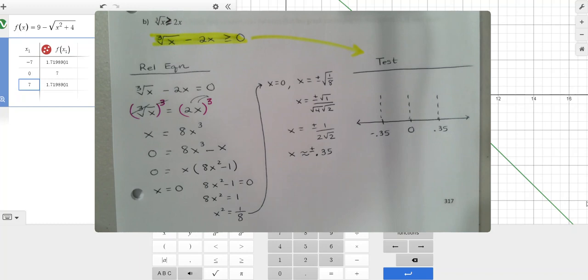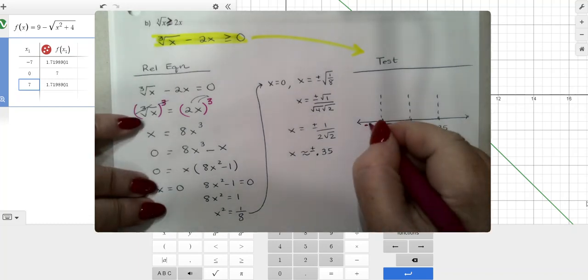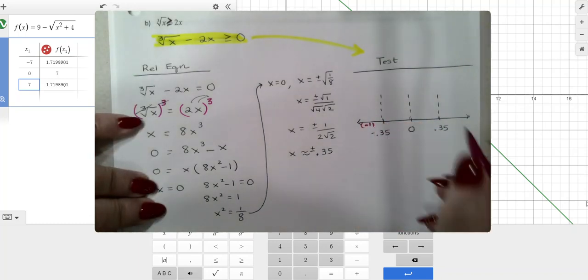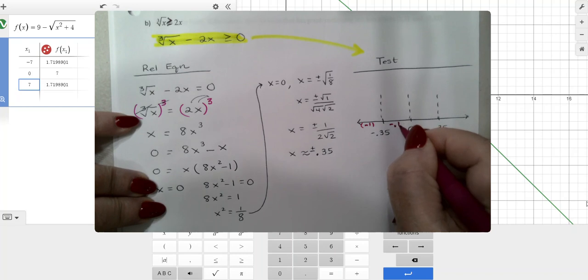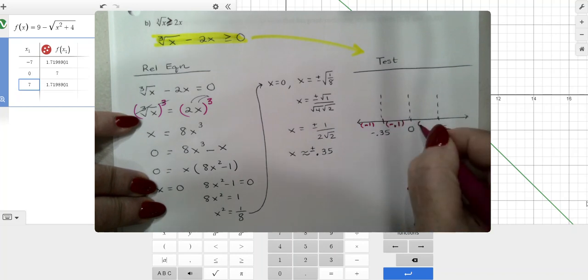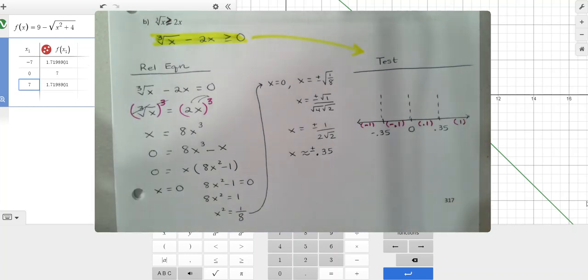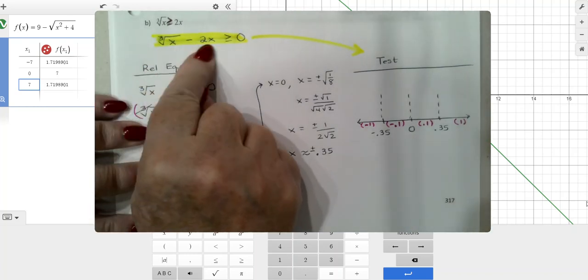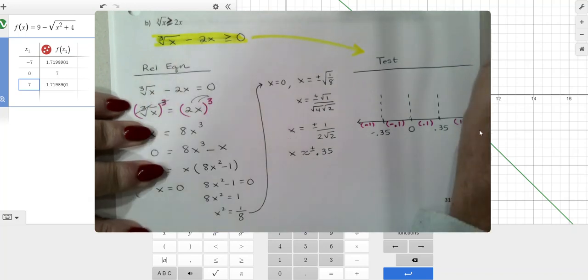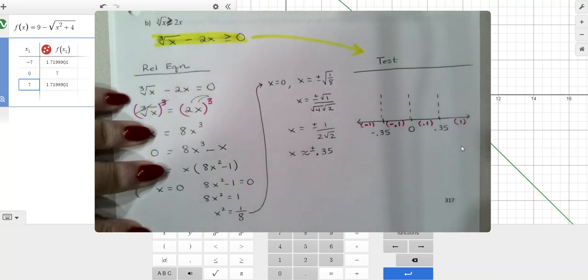All right, so for test values, I'm going to go with negative 1, negative 0.1, positive 0.1, and positive 1. And I put that function into Desmos, and then I'll test all those little test values that we just picked.